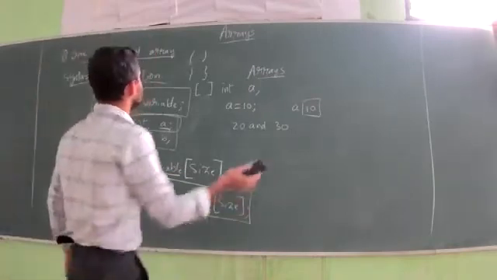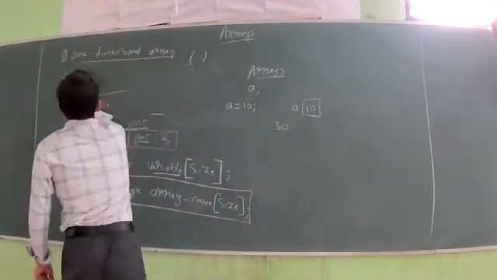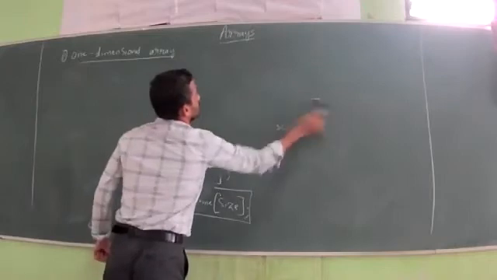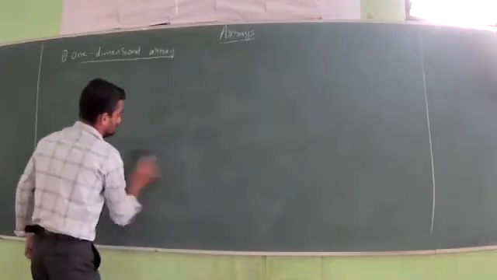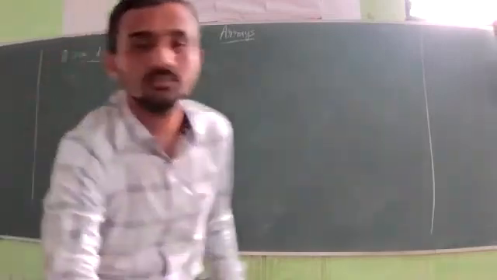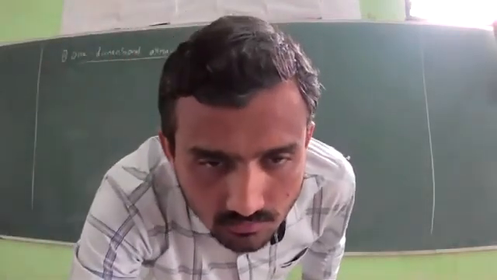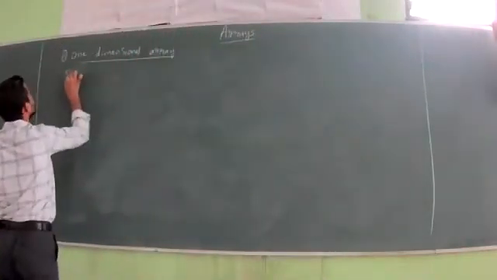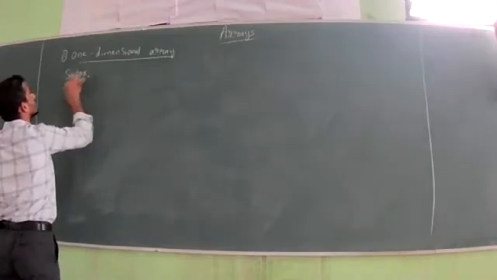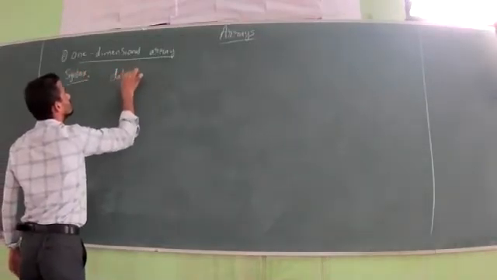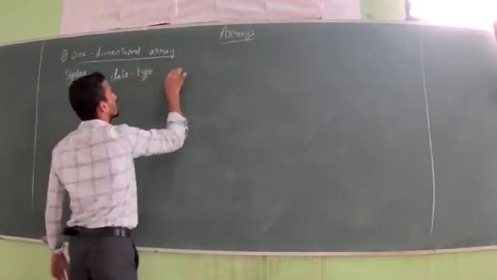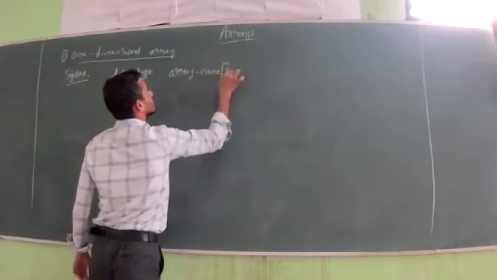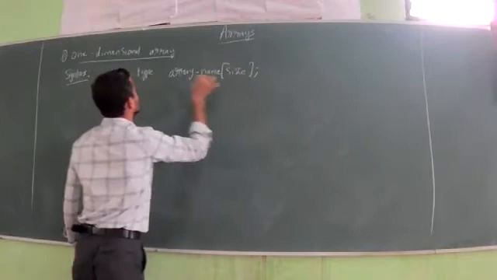So the final syntax for one-dimensional array declaration is: data type, array name, size.